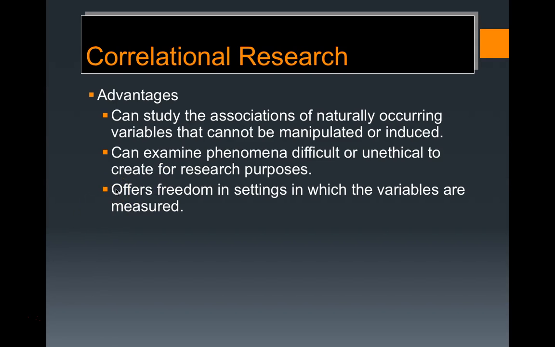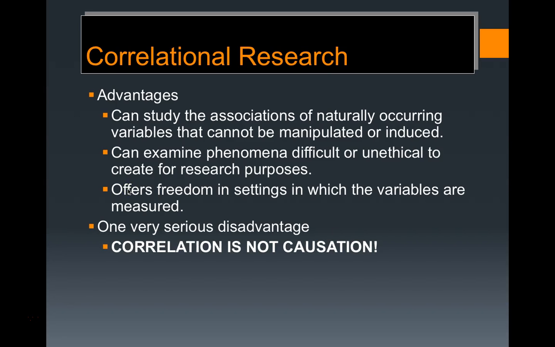So, relatedly, there is this freedom in the settings in which the variables are measured. But there's one very serious disadvantage of correlational research. Some of you probably already know what this is, and it's a big disadvantage. Correlation is not causation.